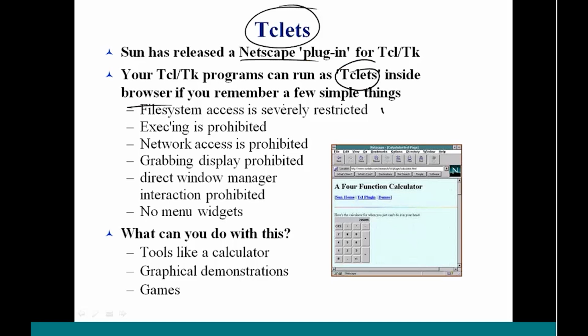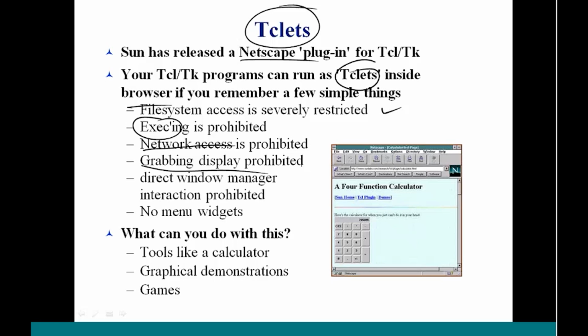One is the file system access is severely restricted, so you don't want to try to access some files where you don't have permissions for. And then using EXEC is prohibited, so you don't want to use that. And the network access is also prohibited, so you cannot go and find things in the network. And grabbing display is also prohibited, because you don't want to grab display during the execution of the program, so that it will never come back.